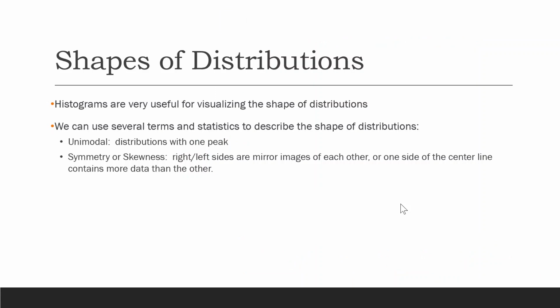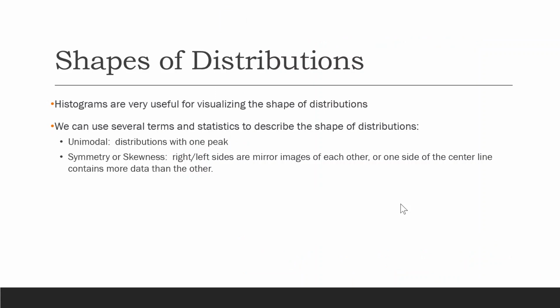Well, I said that there's more to come on this. This has to do with the shape of our distributions. Now that we have our histograms, it's easier to see different shapes of distributions. And so what we're going to do here is talk about some of the terms that we can use to describe the shapes of distributions that we'll probably most often see in educational research.